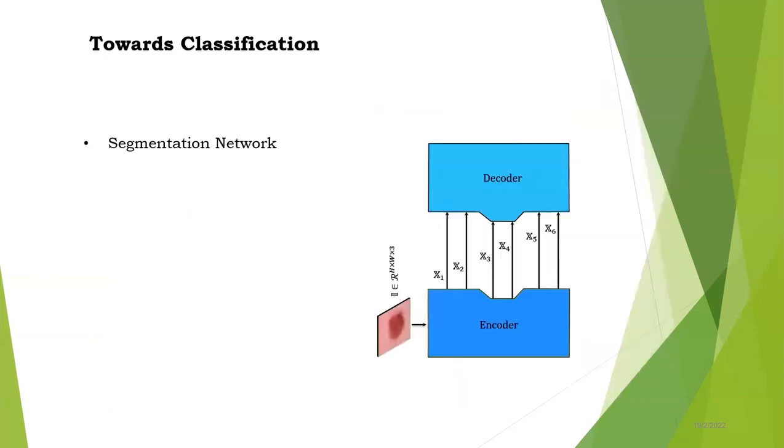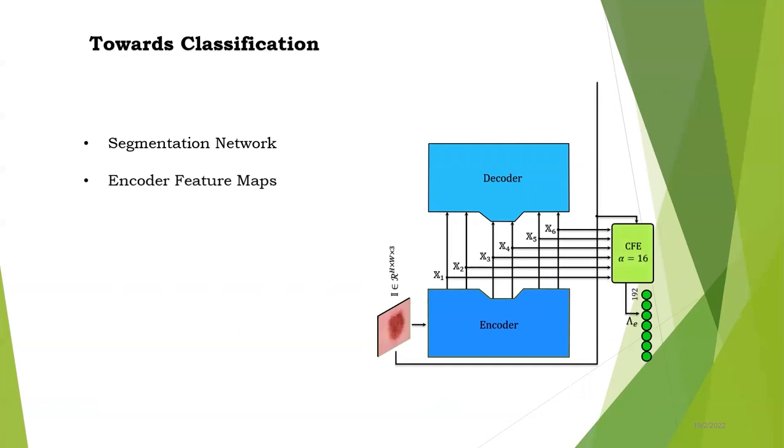Now, to integrate the classification feature extractor, the CFE, to the segmentation network. First, we take the encoder features X1 to X6, pass them through a CFE with alpha equals 16, as well as the main image, to get lambda E, a 192 size vector.